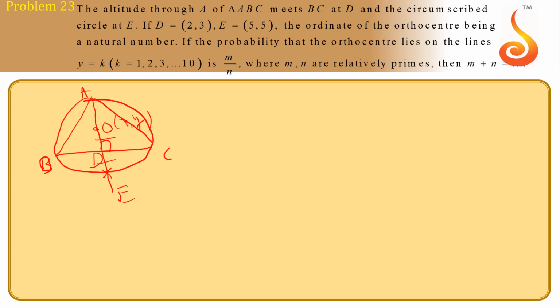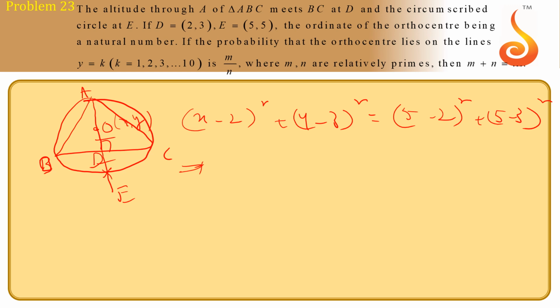Then what you will get, by the distance formula, (x minus 2) whole square plus (y minus 3) whole square must be equal to (5 minus 2) whole square plus (5 minus 3) whole square. This you will get x square plus y square minus 4x minus 6y equals 0.